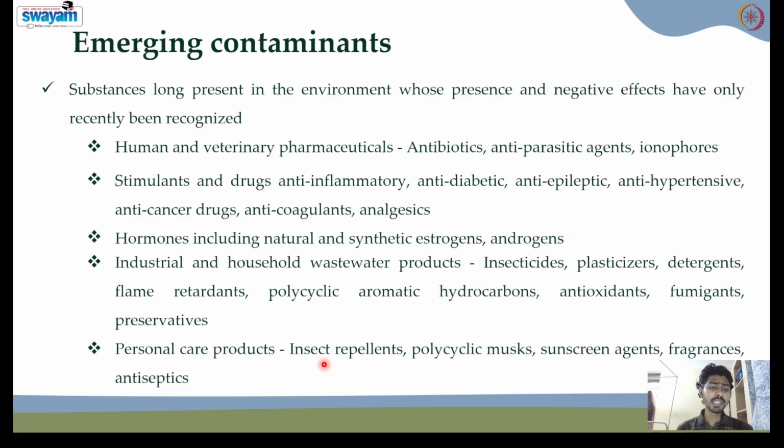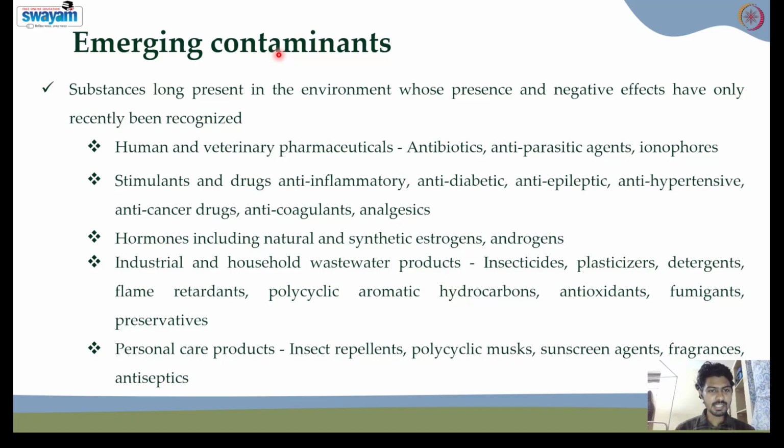Among the pollutants that have been seen, as of now, some pollutants are emerging contaminants. And what are emerging contaminants? These are substances that have been present in the environment for a long period of time, but their presence and their negative effect have only recently been recognized.